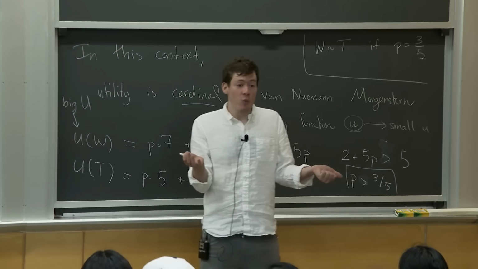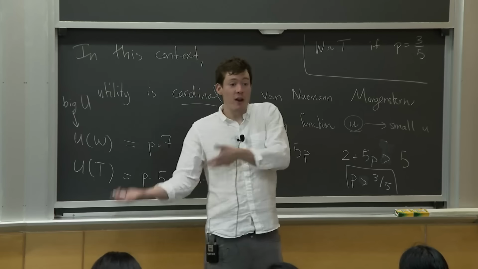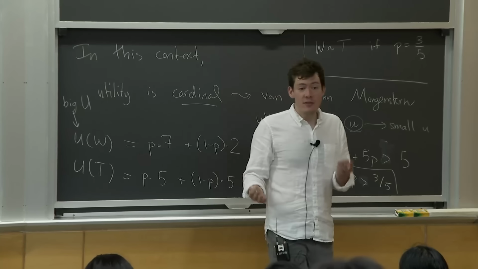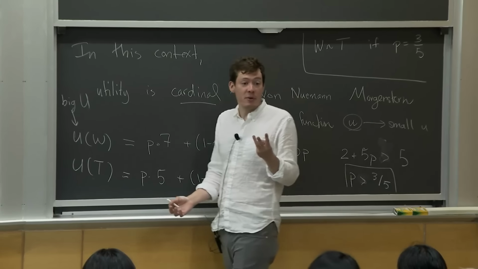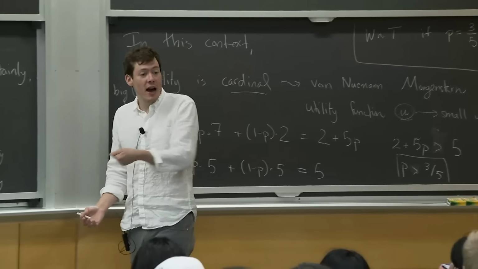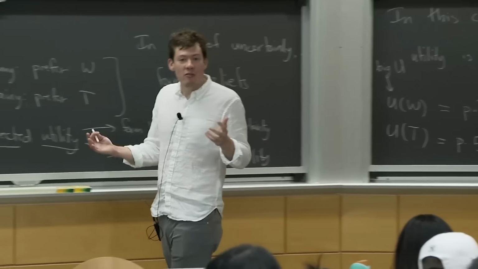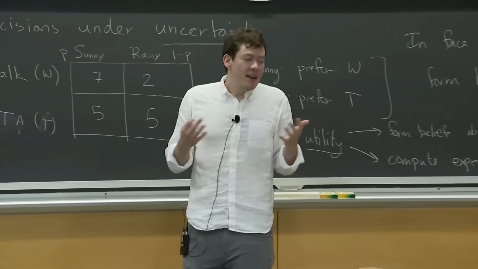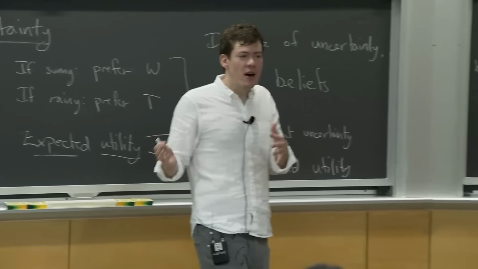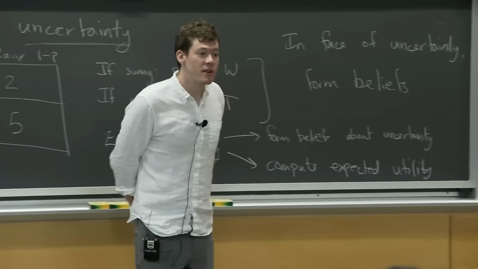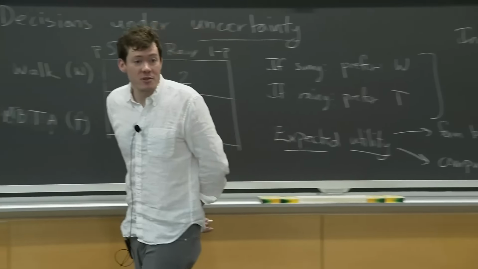You can strictly prefer one to the other, you can strictly prefer the other to the first one, or you can be indifferent. So there's really three possibilities, and when I compare my expected utilities, there's again three possibilities. Either one is strictly higher, the other is strictly higher, or we're exactly indifferent. And in general, when people are indifferent, it's harder to make predictions about what they'll do. They might randomize, they might choose one, they might choose the other. We're not going to really take a strong stance on what people do in that case. Thanks for clarifying. Any other questions?